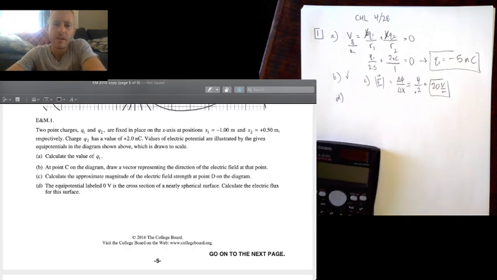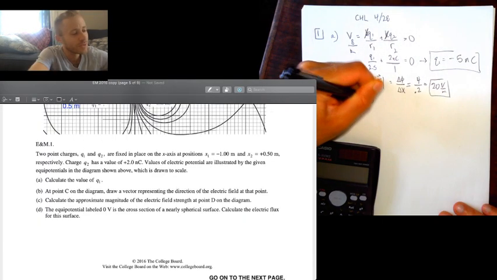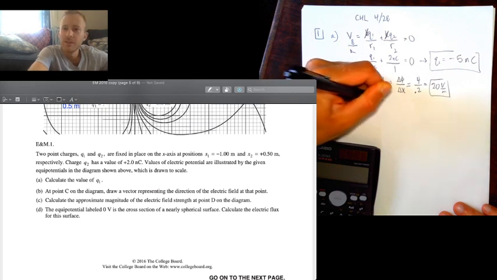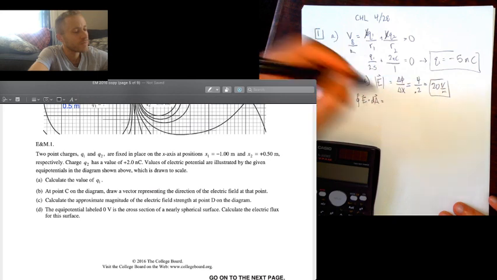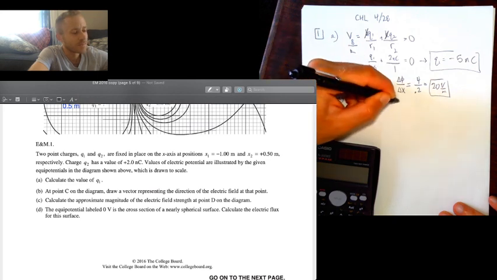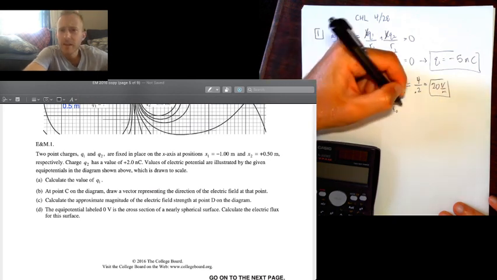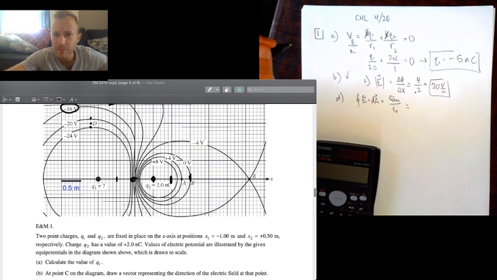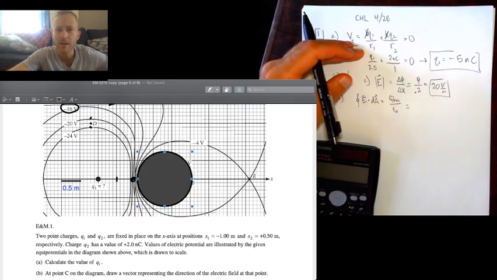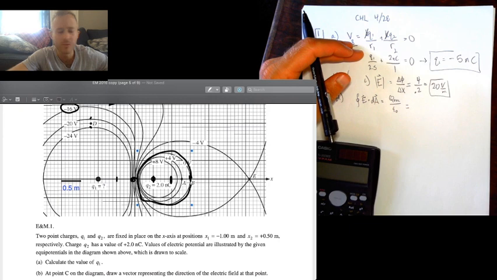D, the equipotential labeled 0 volts is the cross-section of a nearly spherical surface. Field is equal to the charge enclosed over epsilon naught. And we can see that for B, the equipotential that B is on, the charge enclosed is Q2.